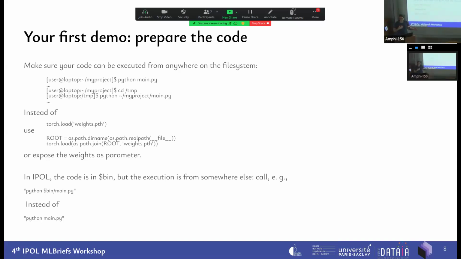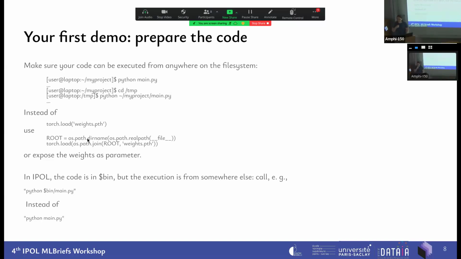But in some cases, and this is the case on IPOL, we want to be able to run it from other directories. Which means that for some Python loading files, the weights, for instance, if you load them, will not be in your current directory. Some other files you want to load that are relative to the code and in the code are not in the main directory.